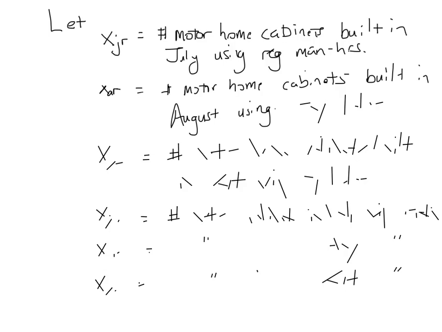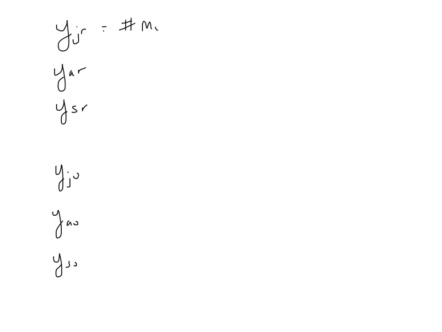We now need to go ahead and add in the mobile home cabinets. So here I'm going to use Y. And again I'm going to have y_JR, y_AR, y_SR, and then y_JO, y_AO, and y_SO. So this is number of mobile cabinets built in July using regular time.